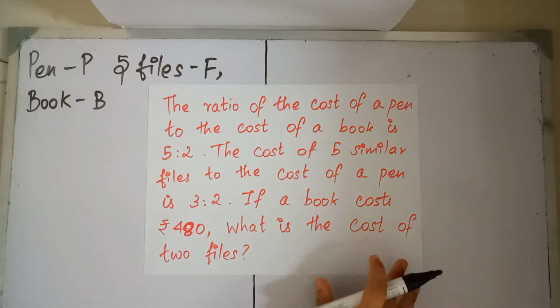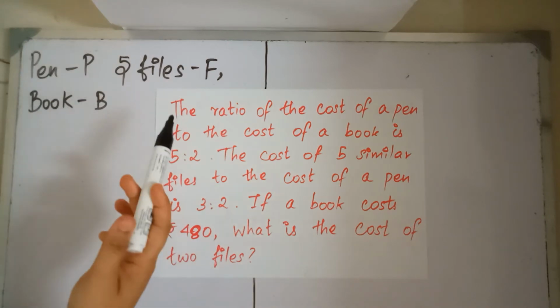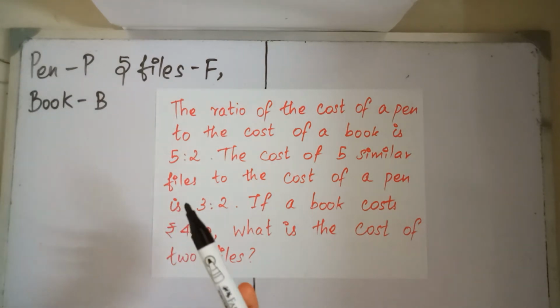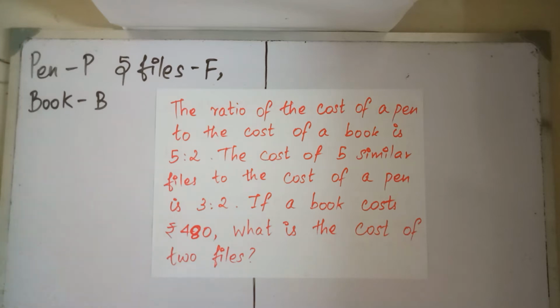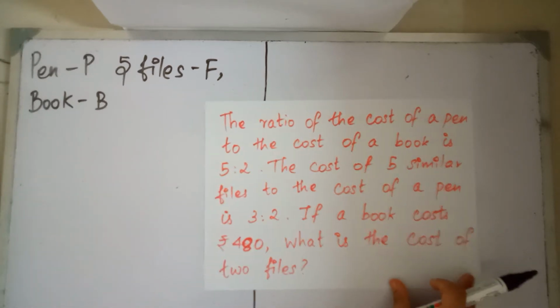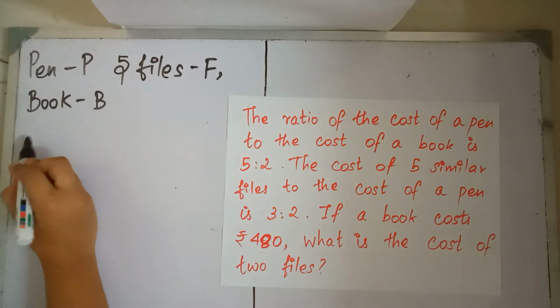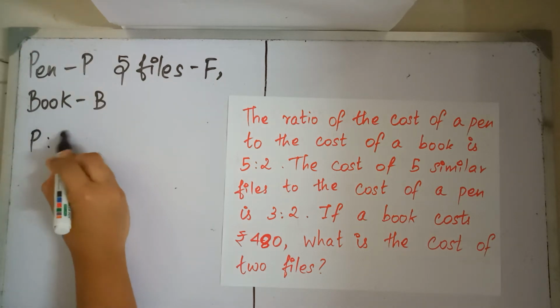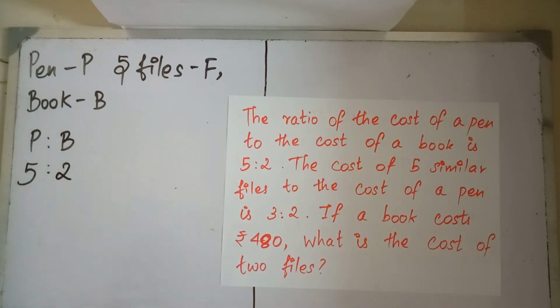Okay, so in this problem, we'll be representing pen as P, 5 files as F, because after we find the value of F, we can divide it by 5, it does not matter. So 5 files will be F and the book will be B. They have given us 2 ratios. The first ratio is the ratio of the pen to the cost of the book, which is 5:2.